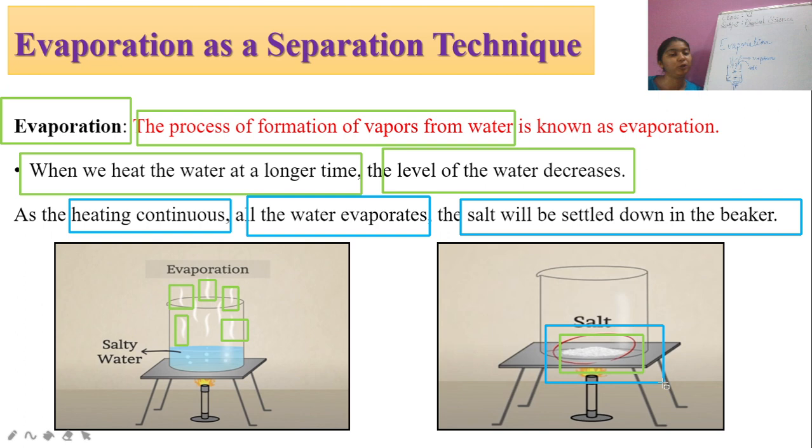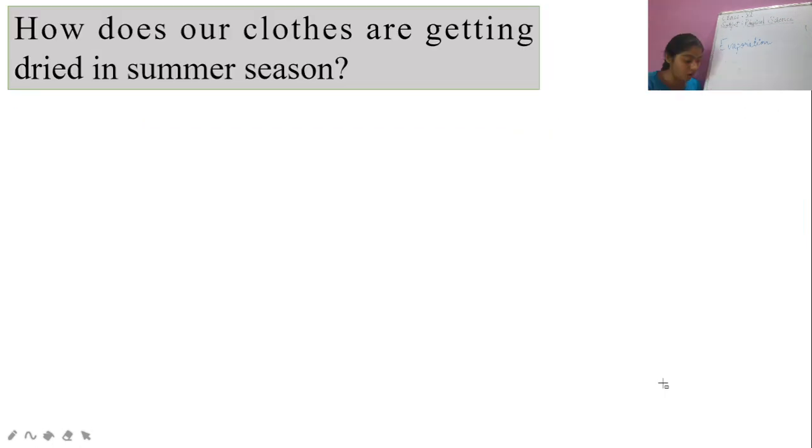Yes students, as you can say, in the summer we have a very hot season, right? We have a hot season and the wind which is blowing is very fast, right? And one of the important things is the sun. So the sun will help us to dry up the clothes, right?